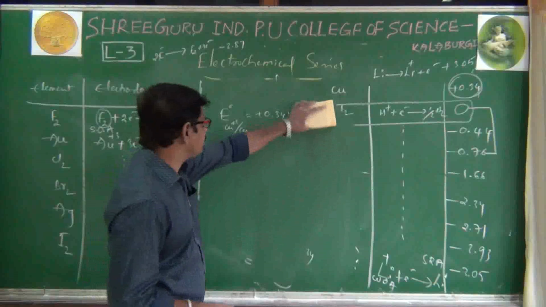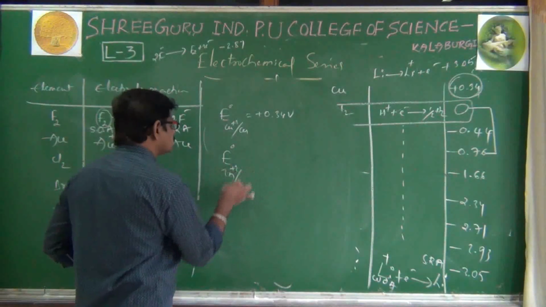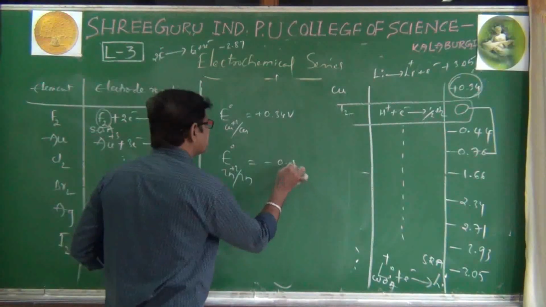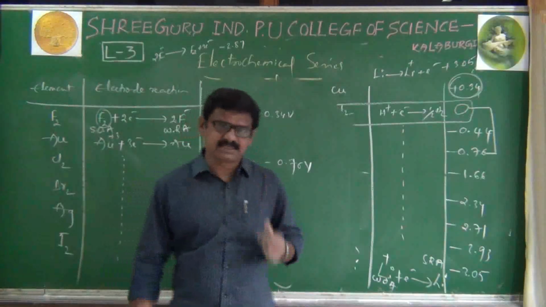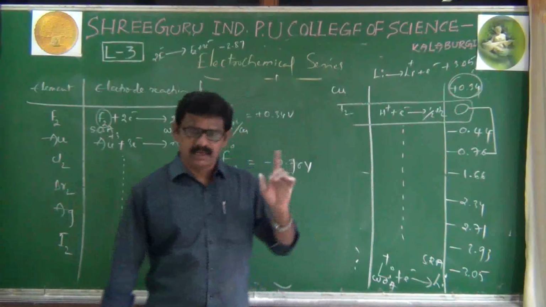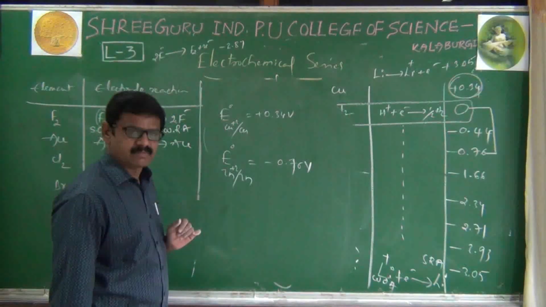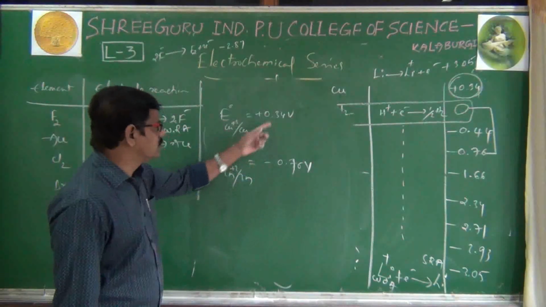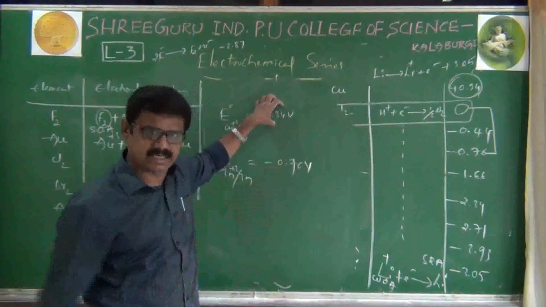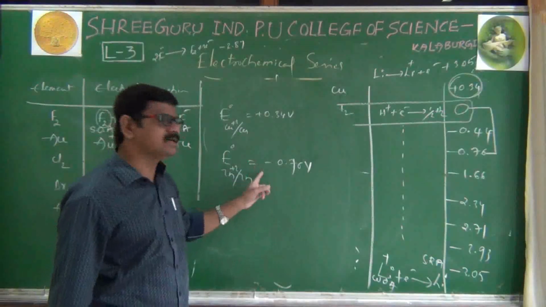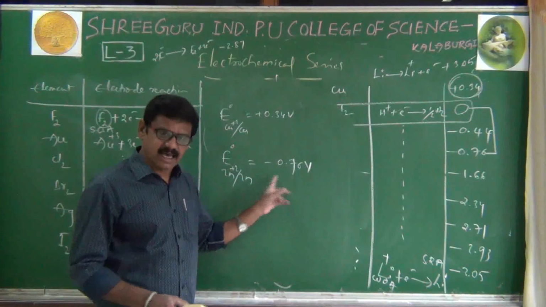Say one copper electrode as well as one zinc electrode, -0.76. Again we have to go back to the Daniel cell. In the Daniel cell also we have taken copper as well as zinc only. The same electrodes have been used. Here, out of these two, copper, being more SRP, we keep on the right side, acting as cathode, and zinc, being less SRP, we keep on the left side, acting as anode.